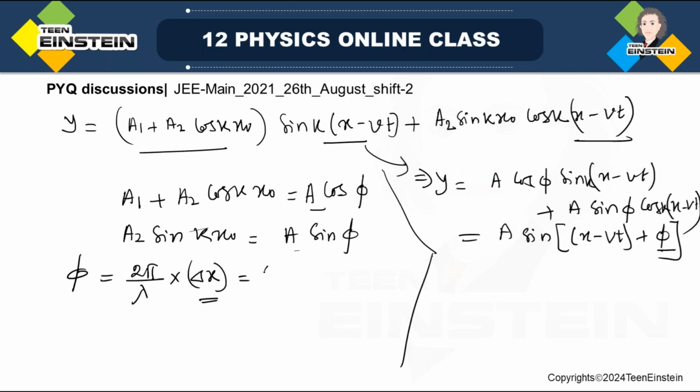So this 2 pi by lambda is actually k. K is the wave vector, okay? And x is actually x0. Because you look here, if I write down, see, this thing squared is equal to the whole square of this plus the whole square of this.